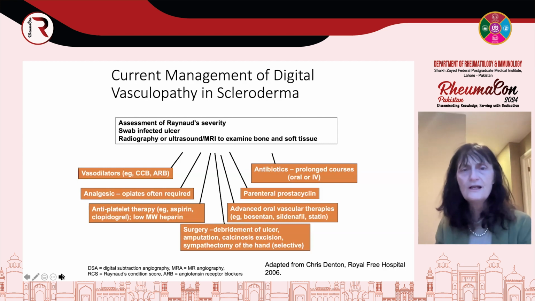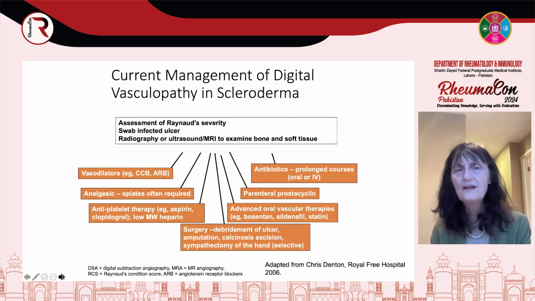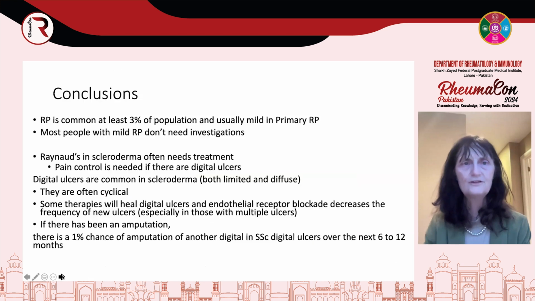Debriding an ulcer if it's infected or if it's covering over but deep inside hasn't started healing. So you often have a multi-targeted approach and an approach with other people helping you, such as possibly plastic surgeon, vascular surgeon, orthopedics if we need an amputation. Some wound care nurses can be very helpful to our patients.